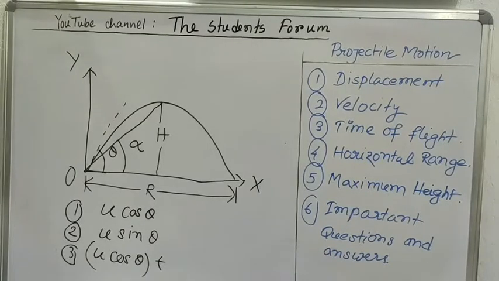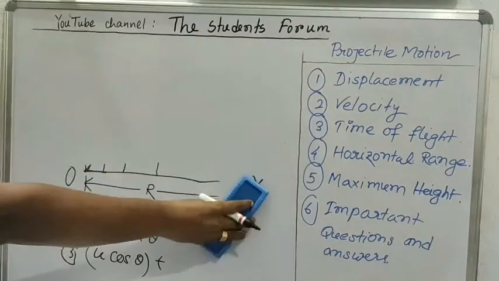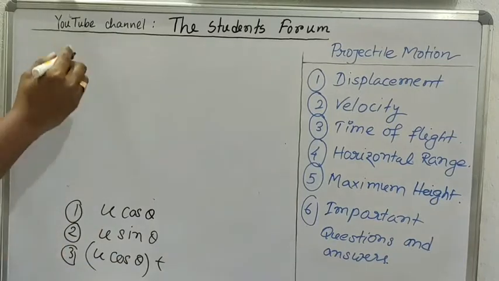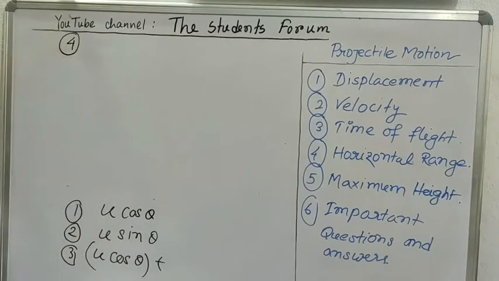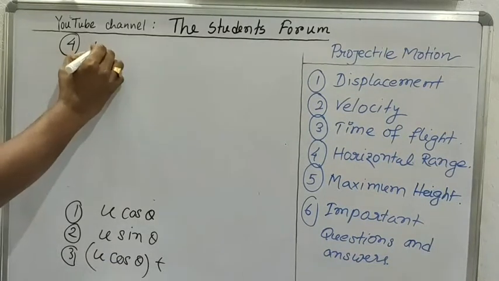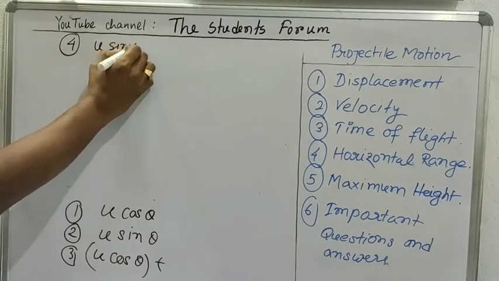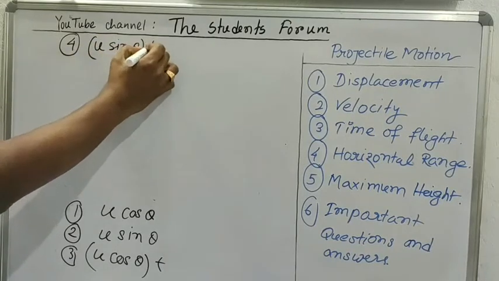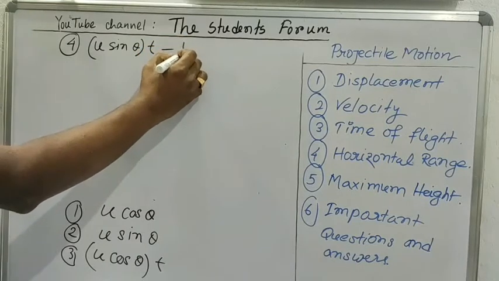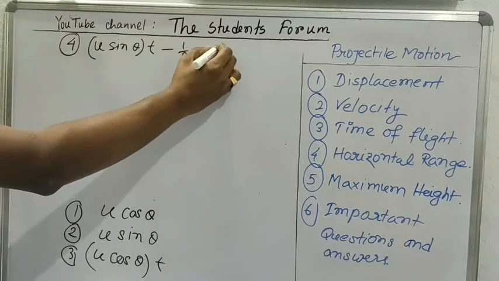Similarly, if we find out the vertical component of displacement, number 4, it can be written as u sin theta into instantaneous time minus half g t square.